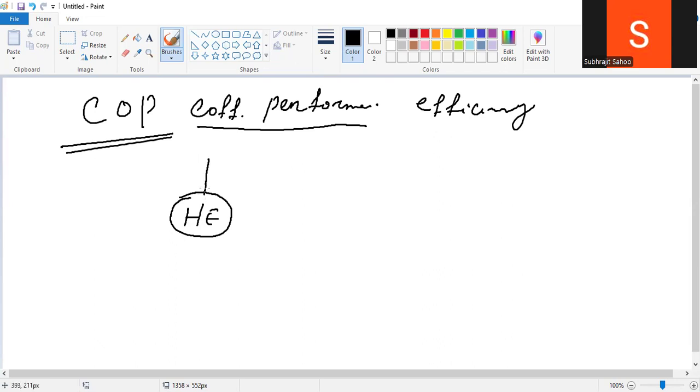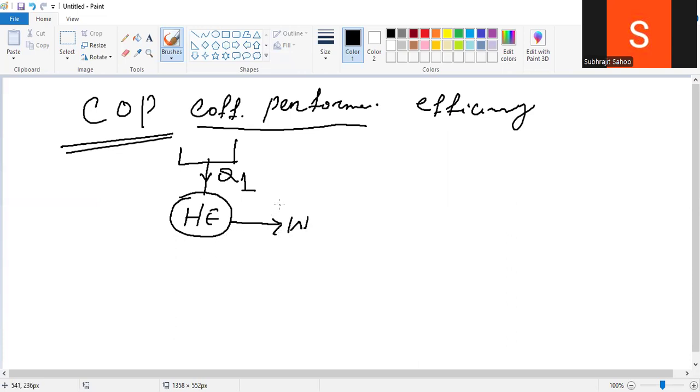Here we are supplying heat Q1 by burning of fuel, and we are getting some work W, so that a vehicle is moving from one place to another place.